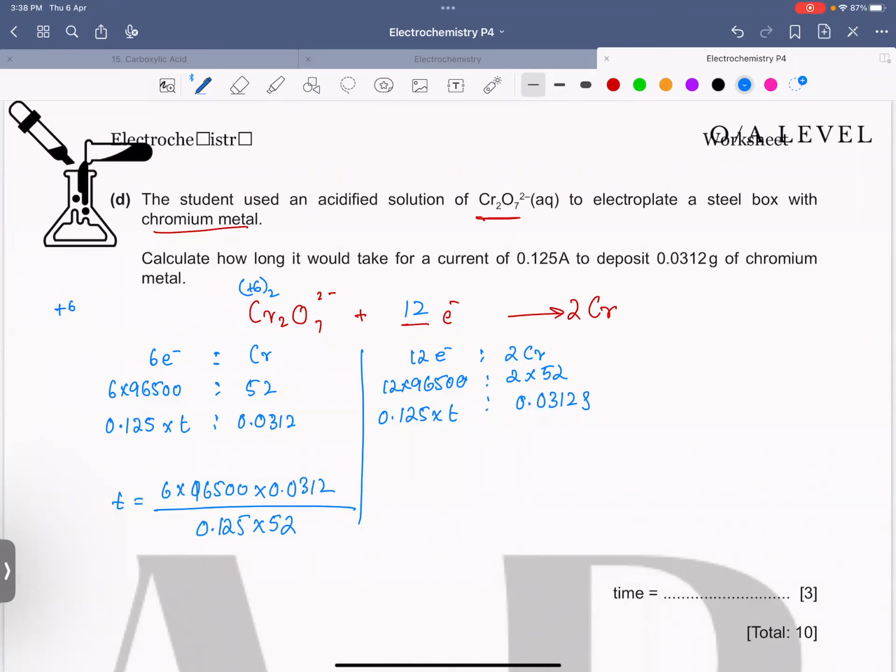I told you we got that. For 12 electrons, there are 2 chromium. So either I can do this or I can do this. Because if I simplify it for 1 chromium, there must be 6 electrons over here instead of 12. Okay, you send the answer.